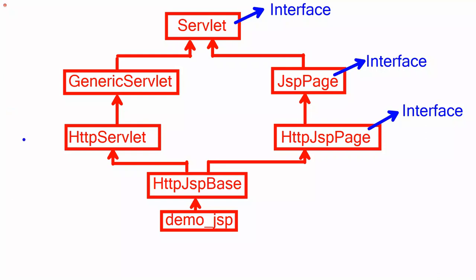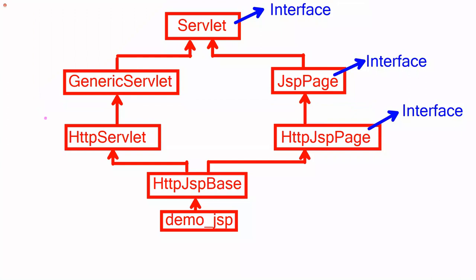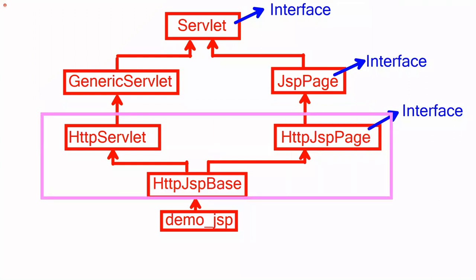Suppose you take only these two classes and this interface, which inheritance? Single inheritance. If I take these three, hierarchical. If you take these three, multiple.